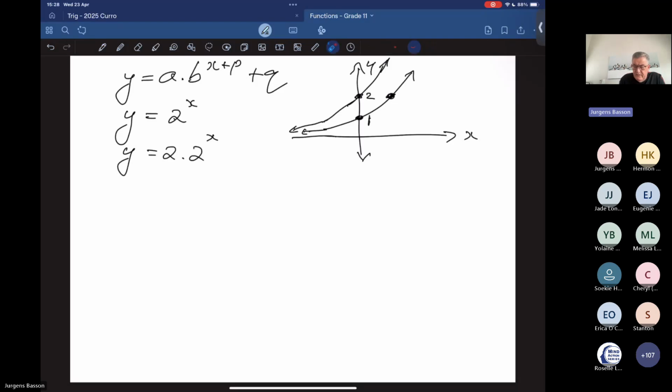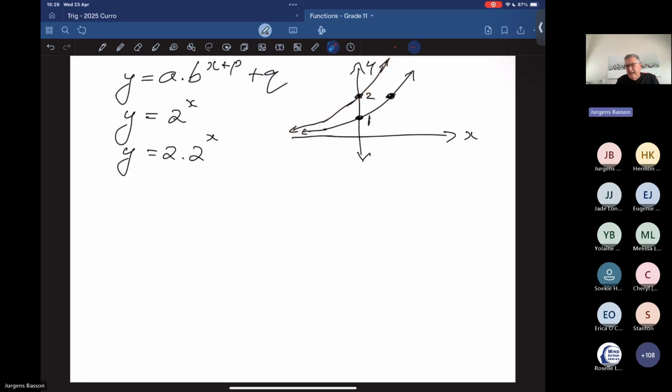If you can see the point highlighted in red in this one, I want to put a finger on this point and a finger on this point, and I want to move it 1 unit to the left like this. And if I draw those lines in, you will notice that if I move this graph 1 unit to the left, it will fit on that graph.